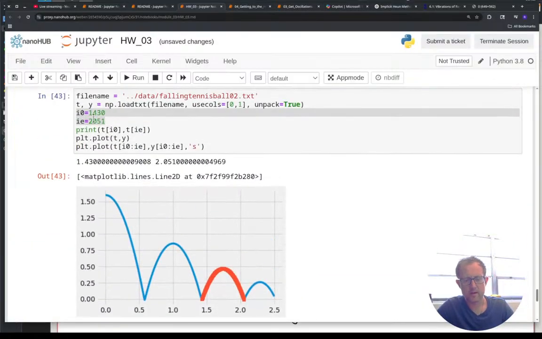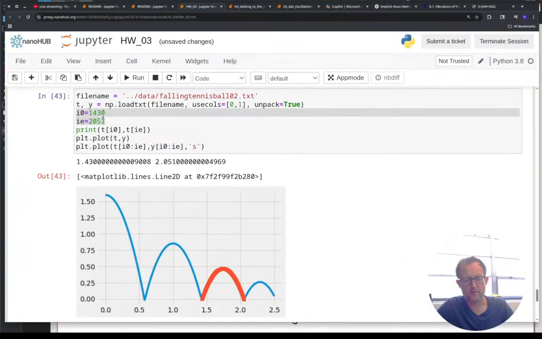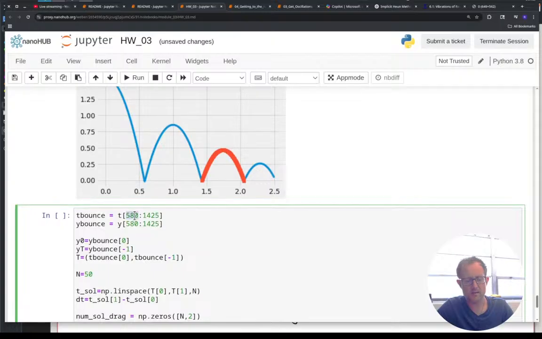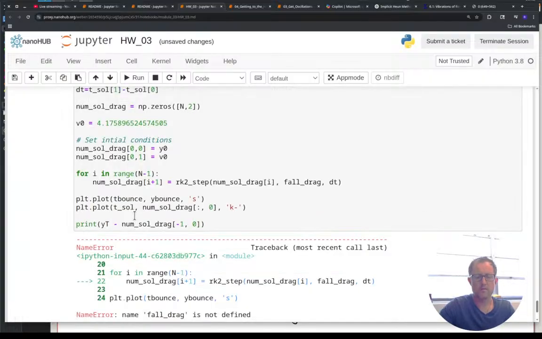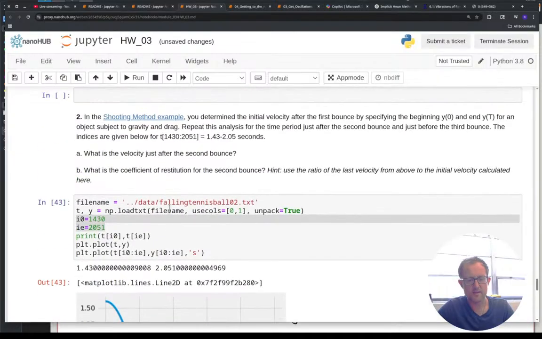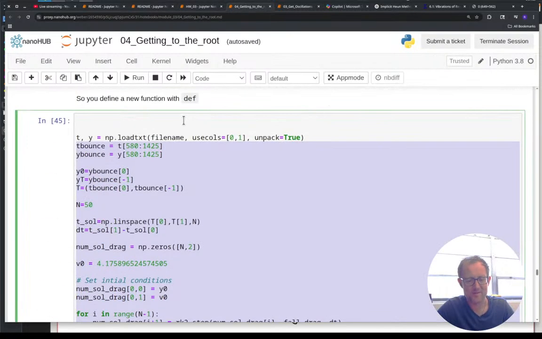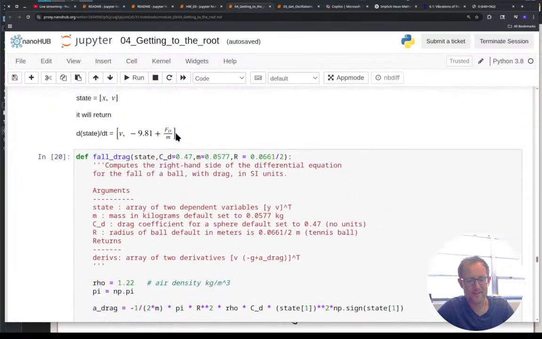So instead of going 580 to 1425, I'm doing IO to IE. And fall drag not defined. What? Oh, because I haven't copied it over. I forgot I was in the homework. All right, so we need fall drag.